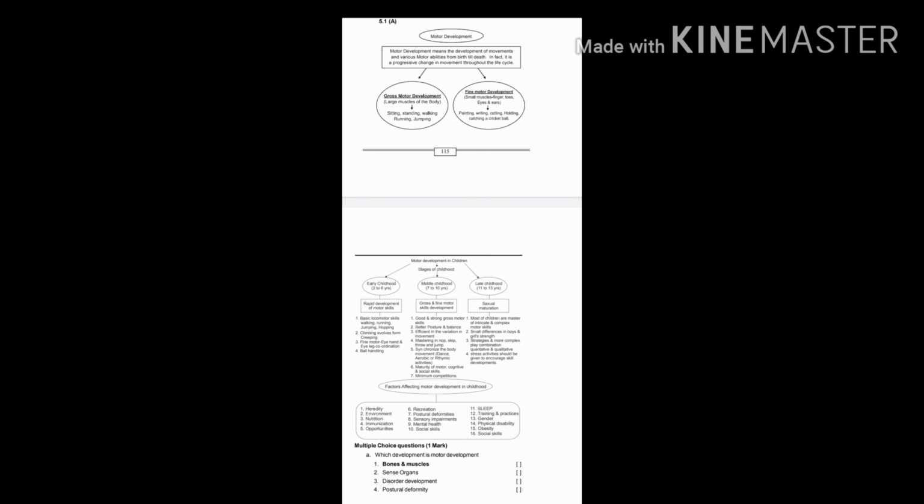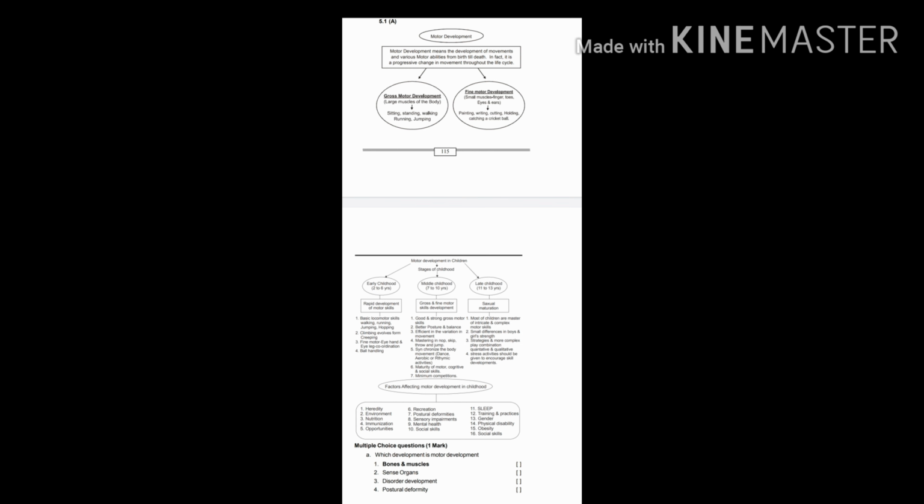Now motor development is divided into two parts, that is gross motor development and fine motor development. Gross motor development involves large muscles and fine motor development involves small muscles. And normal motor skills are sitting, throwing, climbing, jumping, running, skipping, walking, holding, catching. These are the general motor skills.